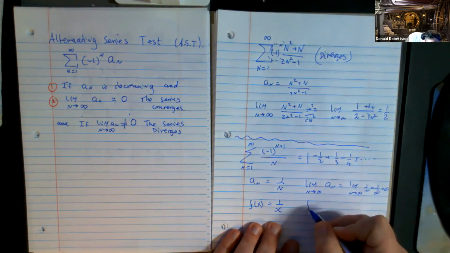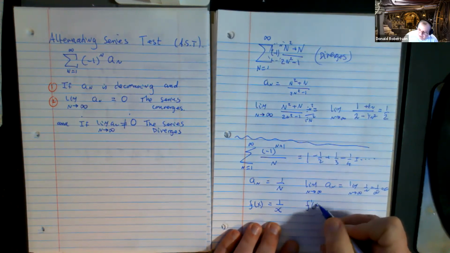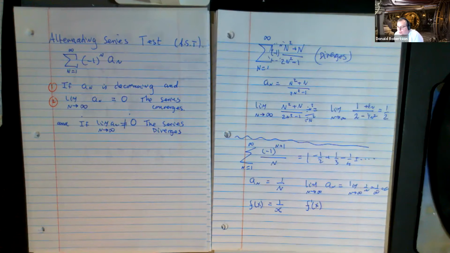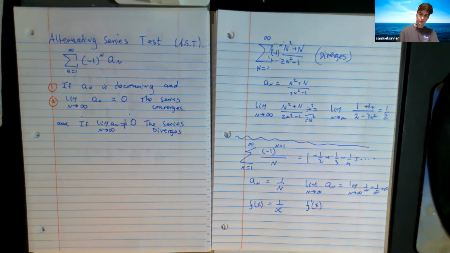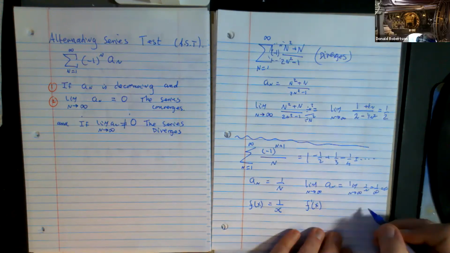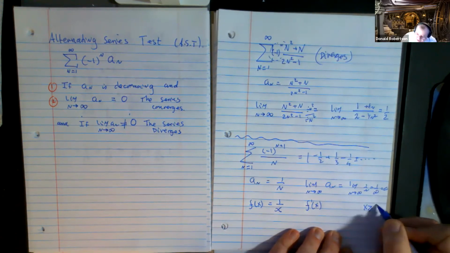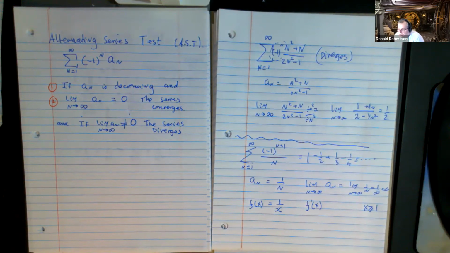And to prove decreasing, you find derivatives. What will be true about the derivative of a decreasing function? It will be negative. At least it will be negative for values of x greater than or equal to 1, right?